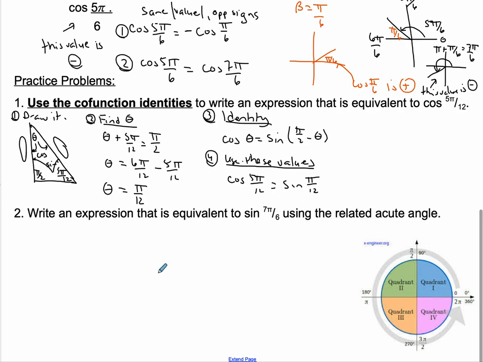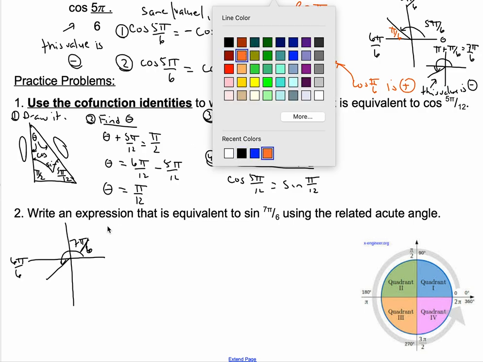Okay, last one was write an expression that's equivalent to the sine of 7 pi over 6 using the related acute angle. So again, draw it. This was 6 pi over 6 two seconds ago. So that makes this 7 pi over 6. And then that little related acute angle in there is pi over 6.